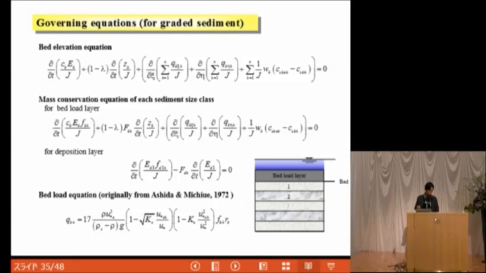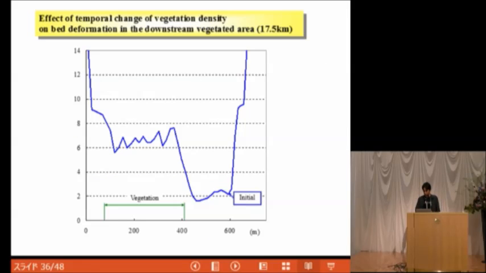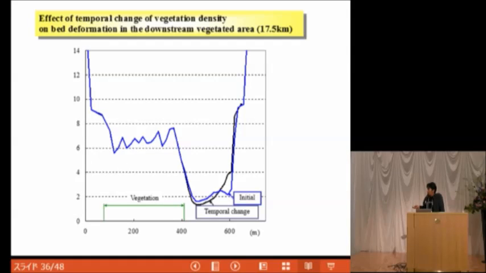Okay, let me show you the result of the calculation. This cross-section is located in the downstream vegetated area, downstream of the bar. After the calculation, when we consider the temporal change of the vegetation, the bed will be degraded here and here, and there is no bed deformation around here because this vegetated area is located at the downstream of the bar.